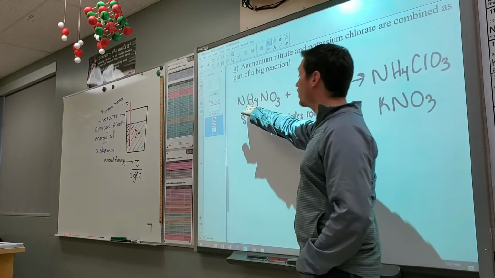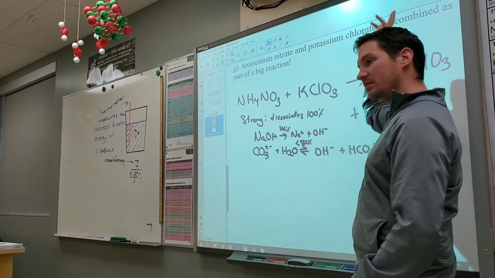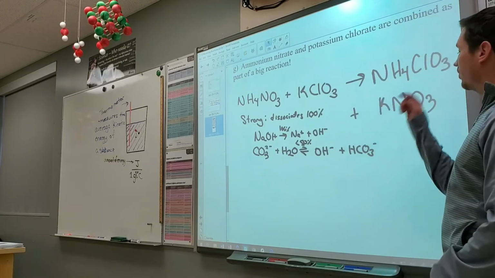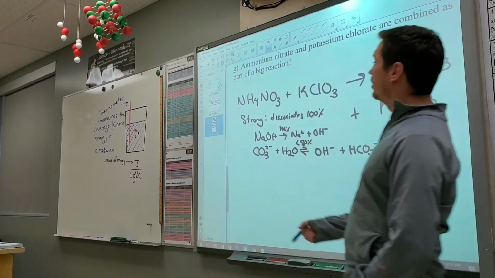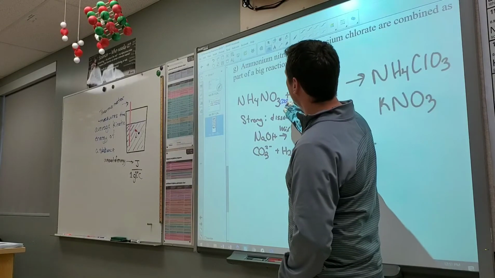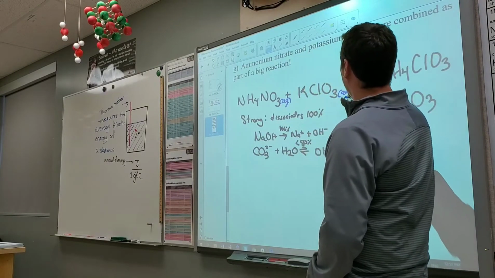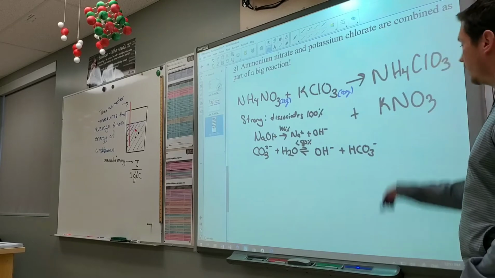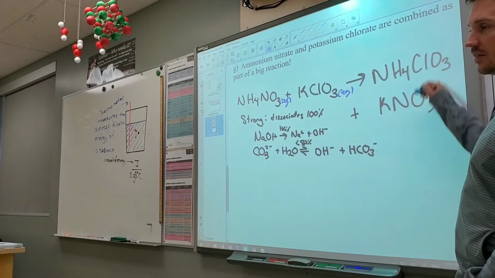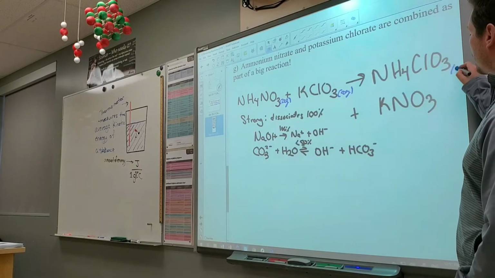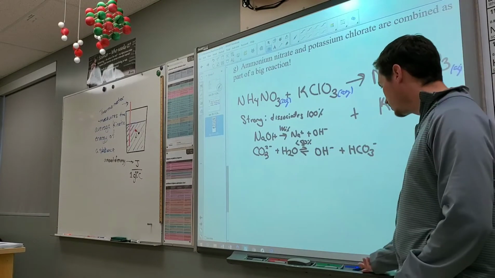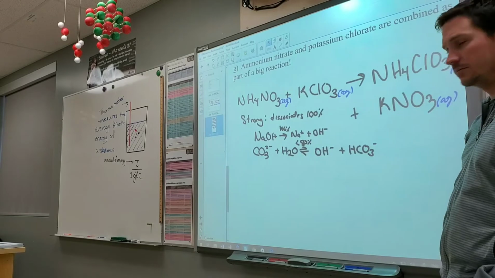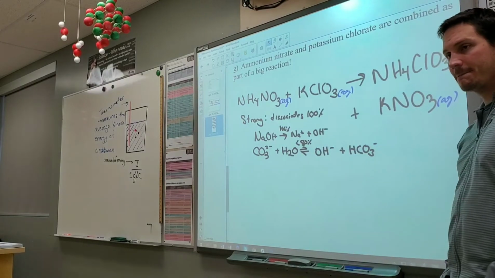Positive. So it will kick out the other positive, right? So we get ammonium chlorate and potassium nitrate. Now, I said solutions of this, aqueous and aqueous. So did anybody look at the states of matter? They should both be aqueous, right? Yeah. Good. No problem. Any questions about that?